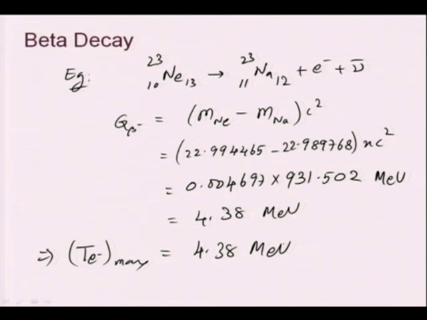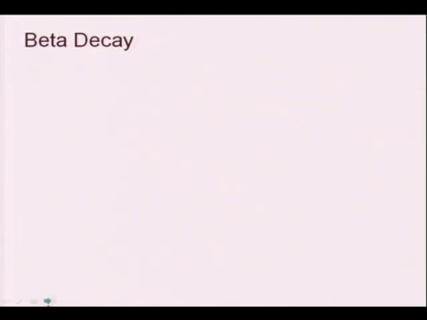Experimentally, you can check in the radioactive neon-23 beta decay what is the maximum kinetic energy of the electrons coming out, and it is experimentally verified that it is indeed equal to 4.38 as expected.